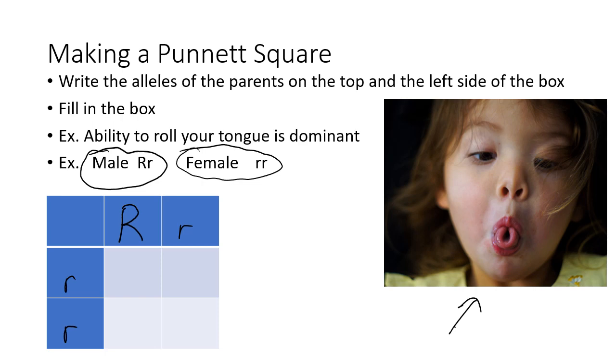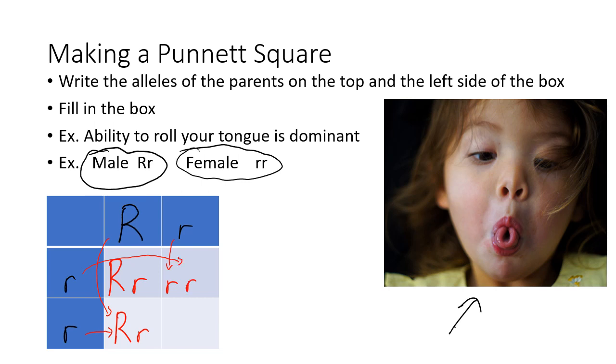Now we're going to figure out whether their kids can roll their tongue or not. So again, the big R comes down, and then the little r comes over here. So big R, little r. Again, for the next one down, the big R comes down, and then this little r goes into here. So it's big R, little r. Now this one comes down, it's a little r, and this r right here comes over here, and it's also a little r.